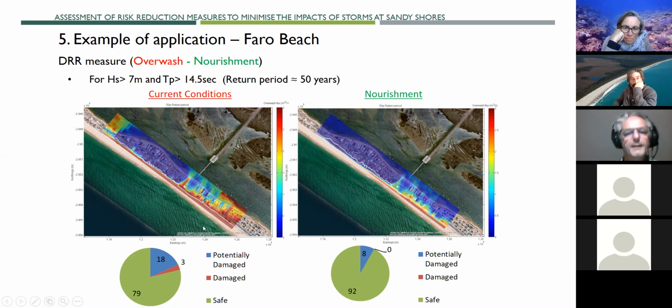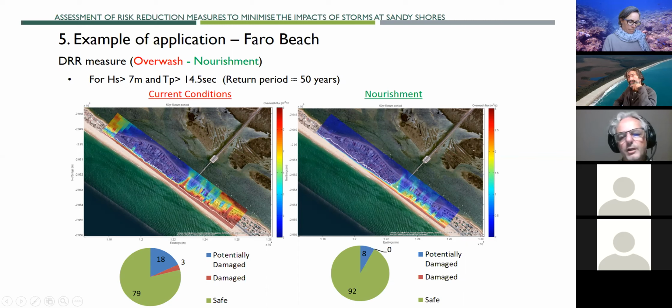overwash. And for this storm, we would have about 80% of the houses safe, about 18% of them potentially damaged, and 3% would be probably completely damaged. So what happens if we put in place the nourishment? If we put in place the nourishment, the overwash still would occur, but as you can see, with much lower velocities, much lower discharge.